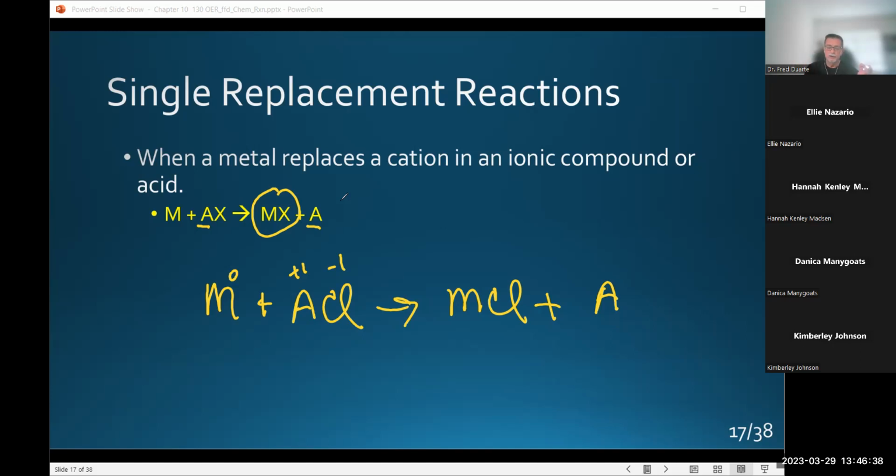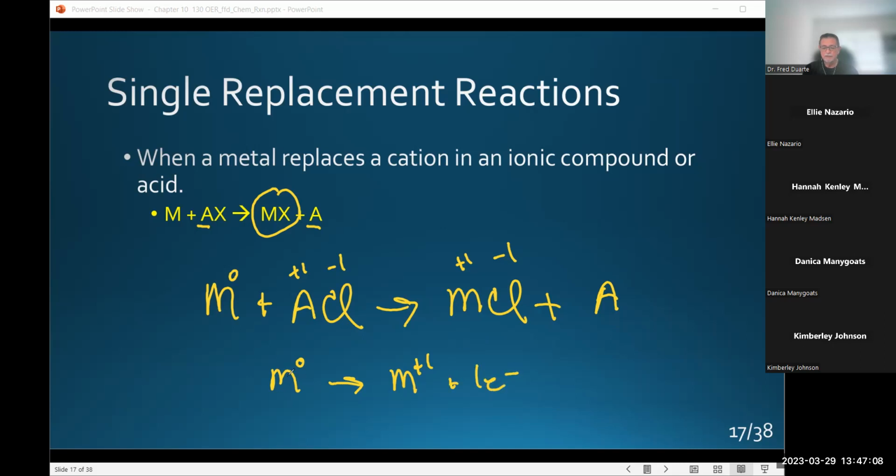And so let's break down M. M goes from a 0 state to, again, as a product, Cl still has a -1. That infers that M is a +1 charge. So it went from a 0 oxidation number to a +1 oxidation number. So it lost an electron.